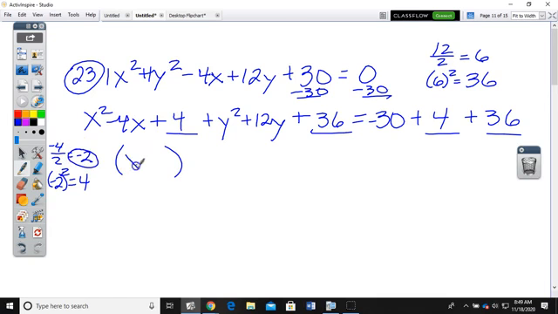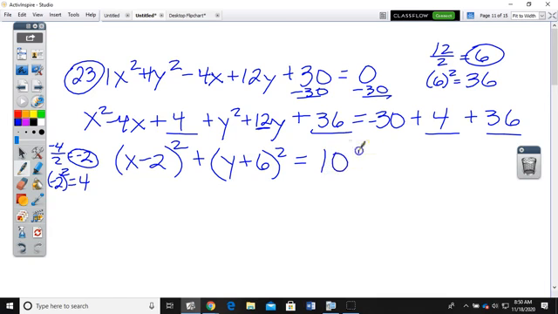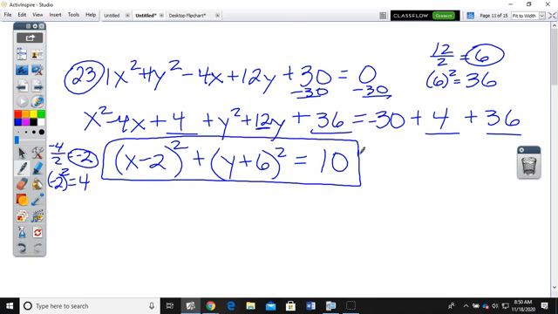So this is going to be x minus 2 squared plus y, two numbers that multiply to be 36 and add up to 12: 6 and 6, or again, you can just pick the number that you got when you divided by 2. So y plus 6 squared equals -30 plus 4 plus 36. What's that add up to? 10. And there is your standard form.